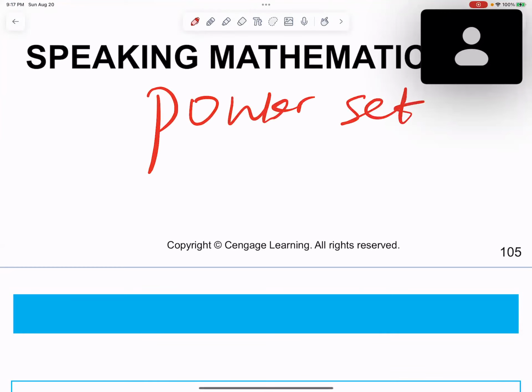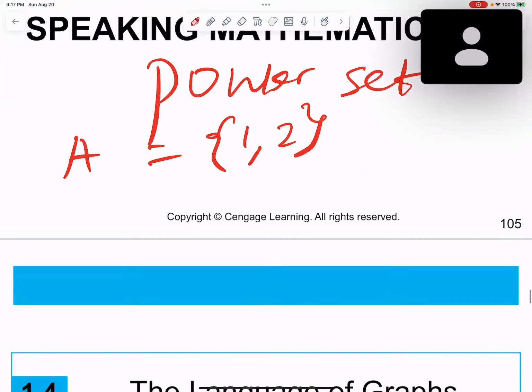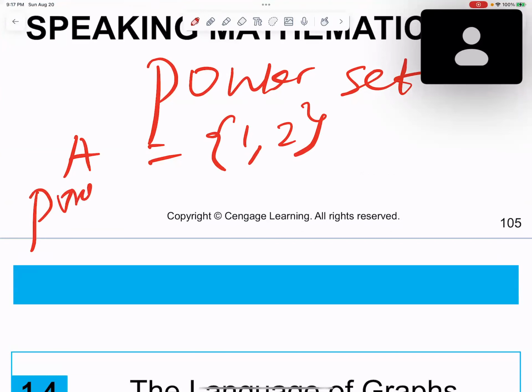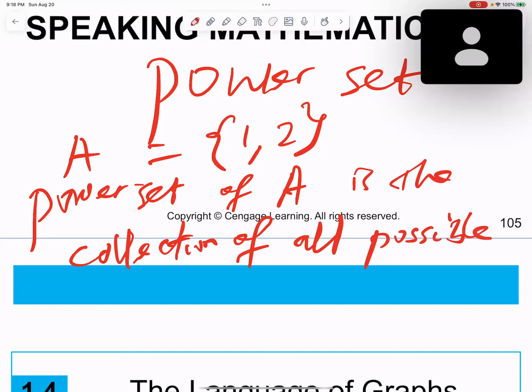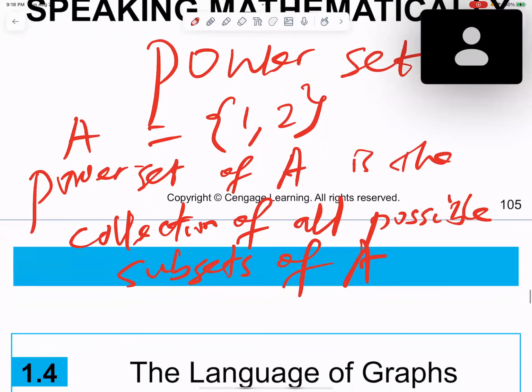Power set. Now, if I list a set A equals {1, 2}. The power set of A is the collection of all possible subsets of A. Now, take note of this.